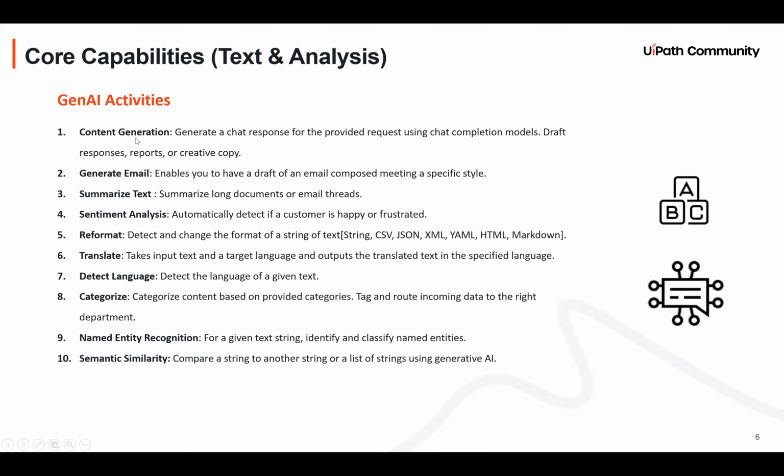First is content generation. This activity will generate some new textual content, because as of now we only support text output, so there won't be any images or other formats.